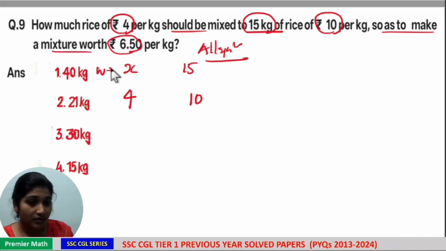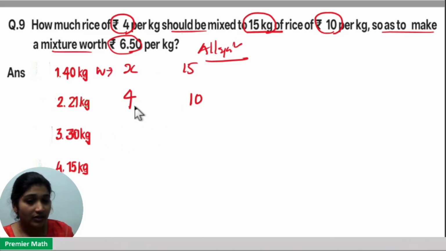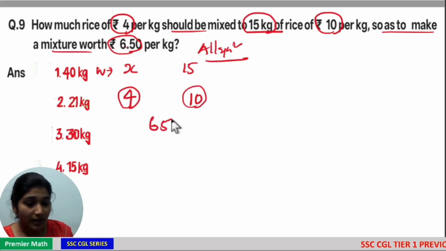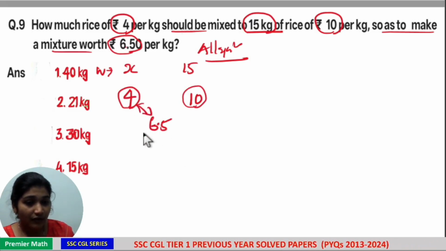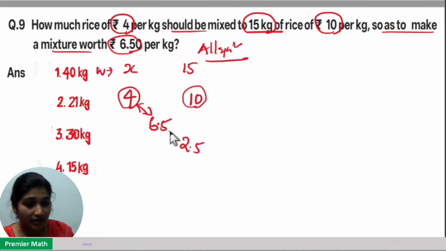Now this denote weight and here this 4 per kilogram and 10 per kilogram mix it together to form 6.5 per kilogram. So write it in the middle. Now take the difference between 6.5 and 4. Difference is equal to 2.5. Write it in the right side bottom.